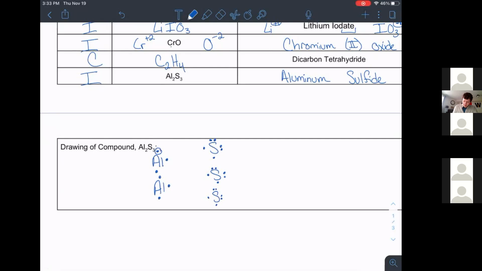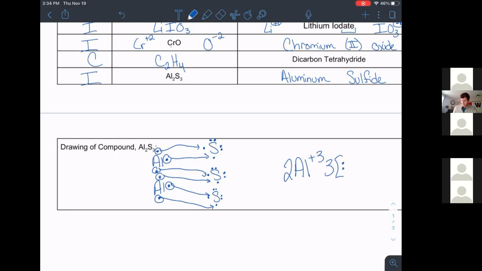And showing the transfer from aluminum to sulfur, 2 valence electrons to each sulfur. And then showing your ion form. So there's 2 aluminums with their +3 charge and 3 sulfurs with 8 valence electrons, giving it a -2 charge.